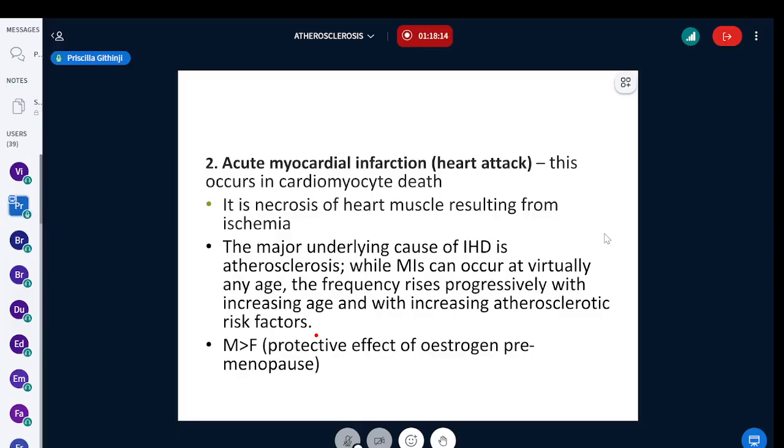We said gender, males, but for postmenopausal women, the risk is the same because of lowered estrogen levels. Those who have hypertension, diabetes, smokers, those who have hyperlipidemias, inflammation, high levels of lipoprotein A, those who have metabolic syndrome, all this constitutes or increases the risk of an acute myocardial infarction.